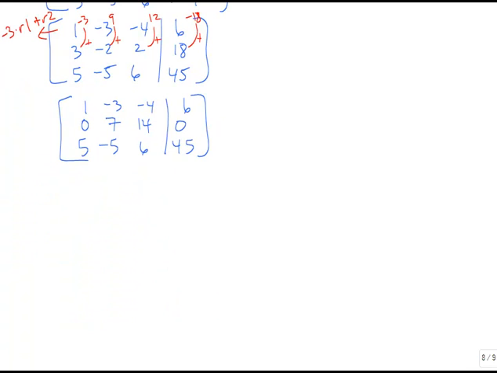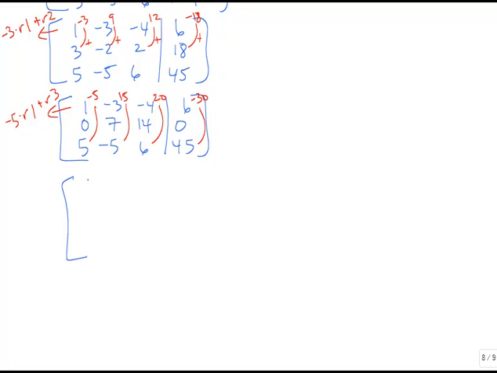Okay, let's go ahead and change that 5 into a 0, doing exactly the same thing, but this time we're going to multiply row 1 by minus 5 and add that to row 3. So this would be minus 5, 15, 20, and negative 30, and we're going to add down.